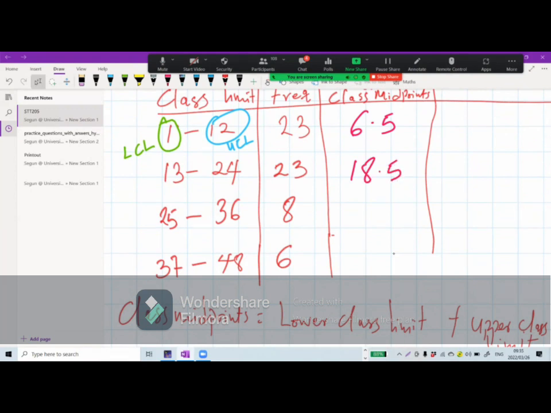The next one is 25 plus 36, which is 61, divided by 2 is 30.5. And the last one is 80 divided by 2, 42.5.